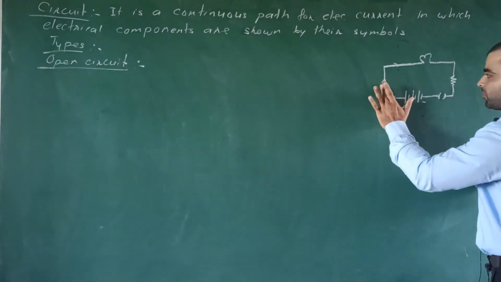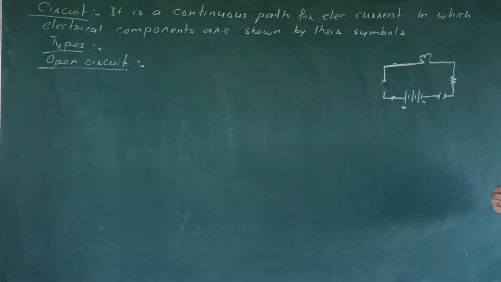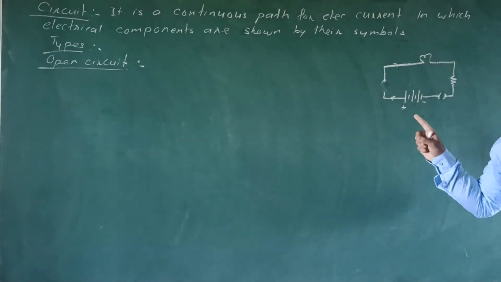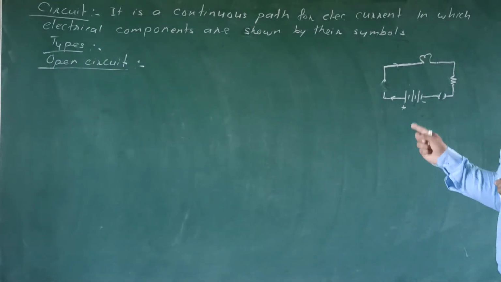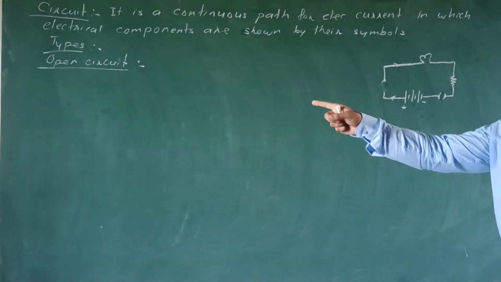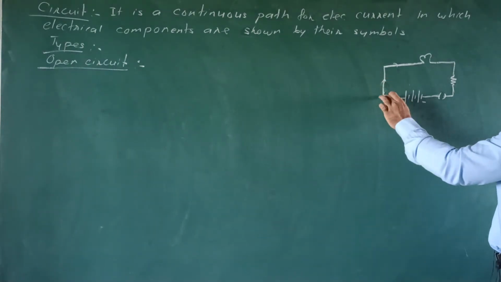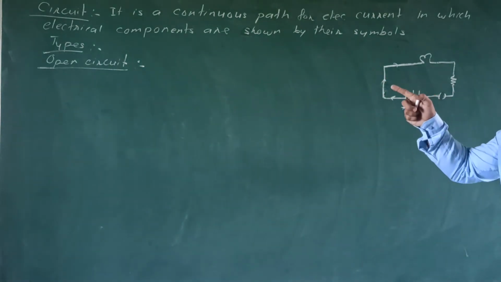If it is broken from any point, the circuit is not complete. If the circuit is not complete, then it is an open circuit.